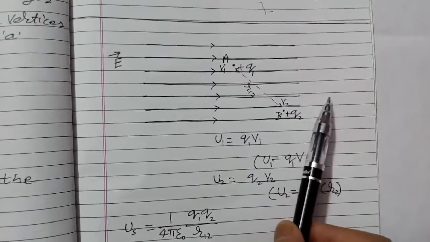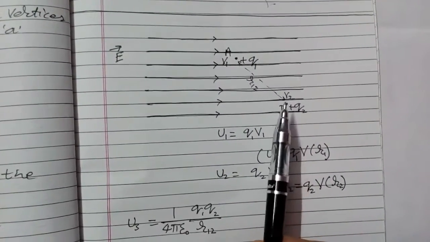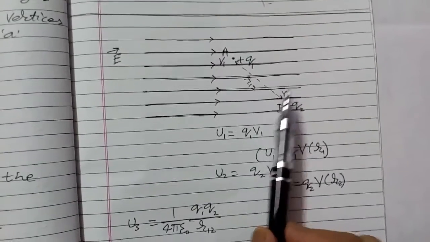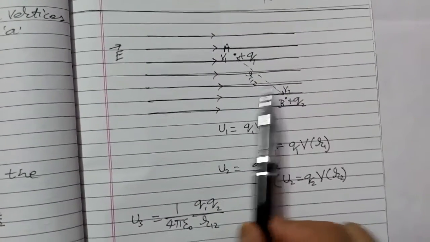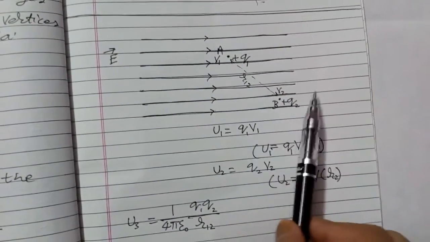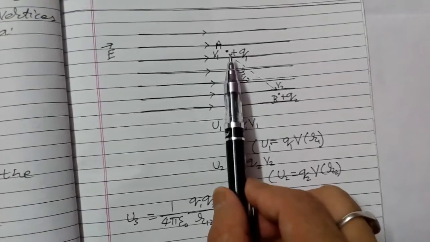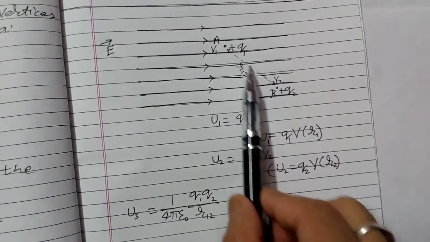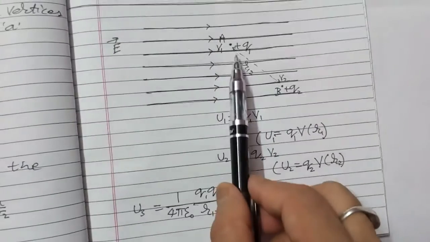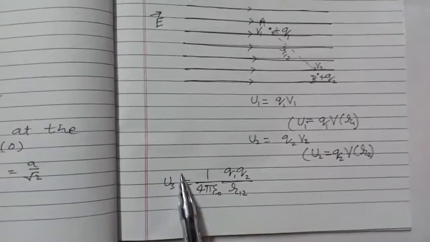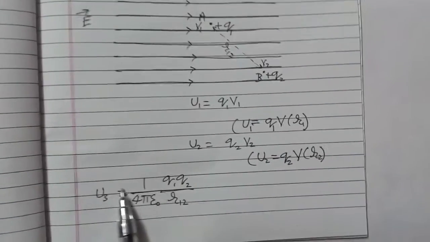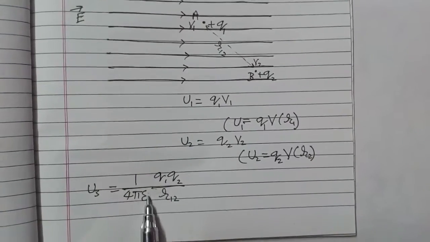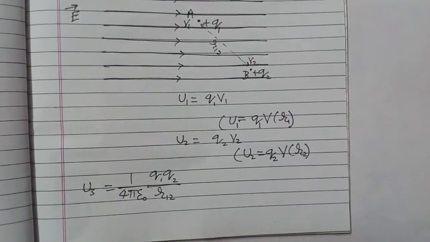Now when we are placing this charge plus q2 at B, so we must have done some work against electrostatic force of plus q1. So potential energy of this plus q1 and plus q2 charge system, which is at a distance r12, U3 is equal to 1 upon 4 pi epsilon naught q1 q2 upon r12.